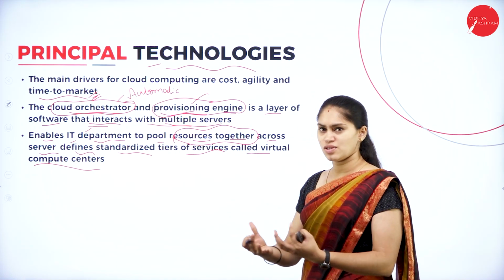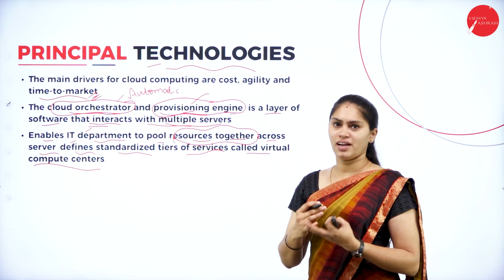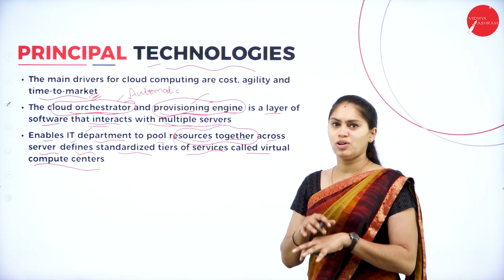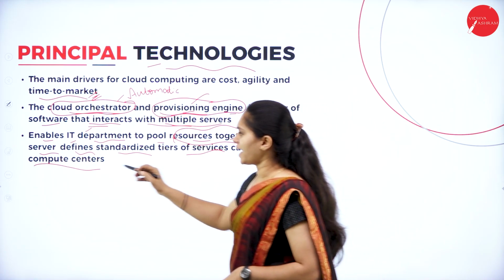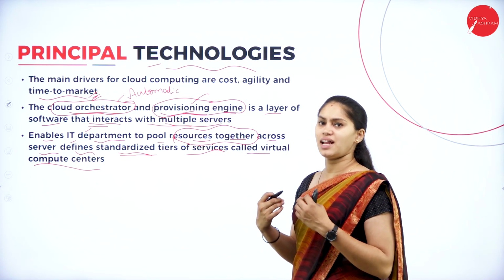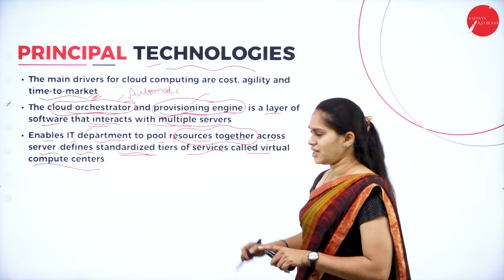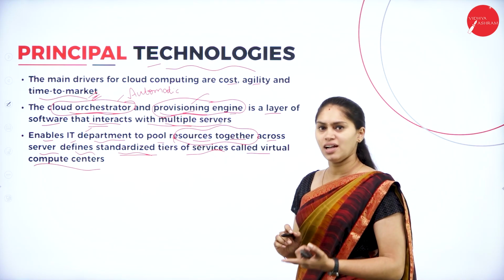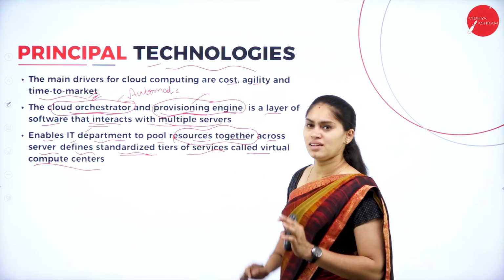If all the resources are together, it is like in a market: whether you want veggies, sprouts or any of the vegetables, everything is available at the same location, right? So here also they have to bring all the resources together across the servers and define standardized tiers. So it has to be standardized, then brought to the market in order to satisfy the requirement of a customer with a reduction in the cost, and it must be automated to update or upgrade any of the services provided by the cloud.